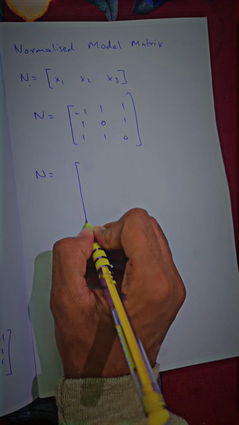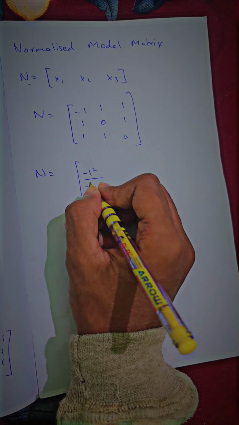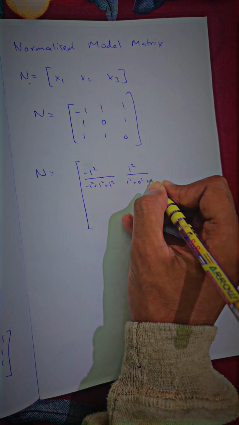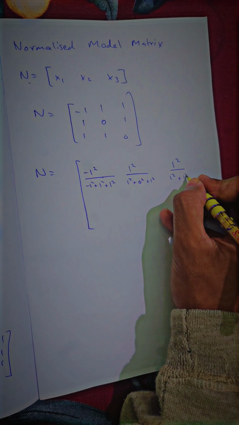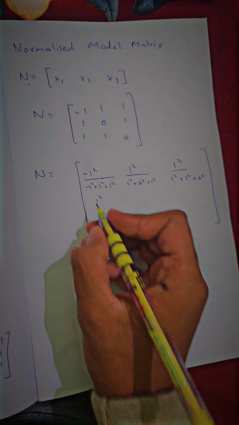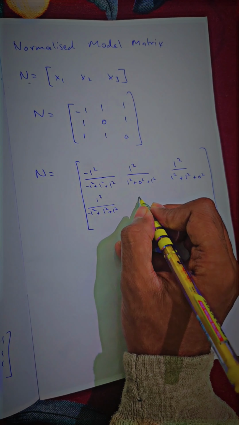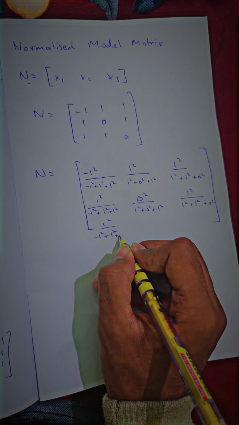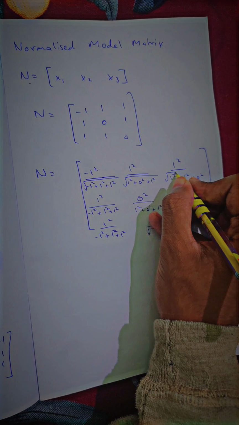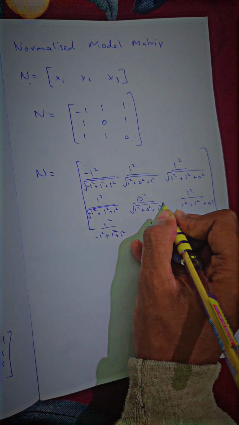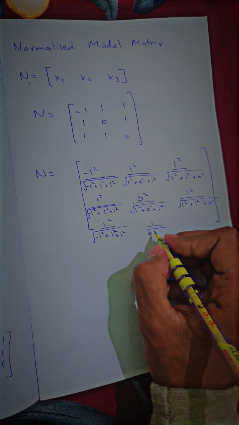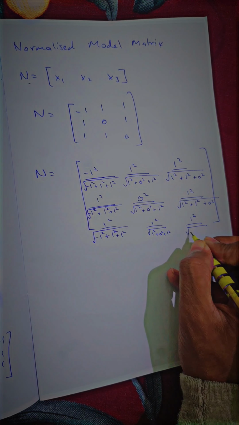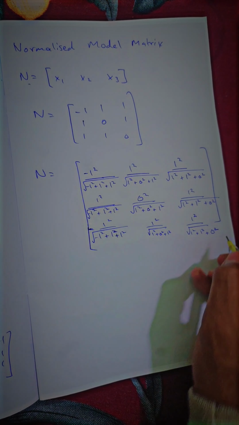Now we normalize each by taking minus 1 square plus 1 square plus 1 square, then 1 square plus 0 square plus 1 square, and then 1 square plus 1 square plus 0 square.